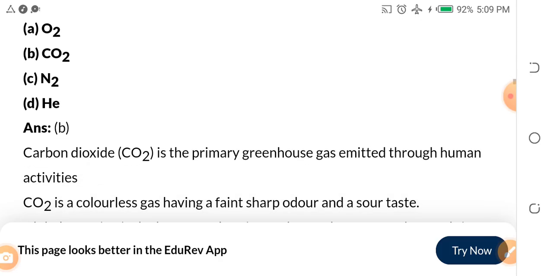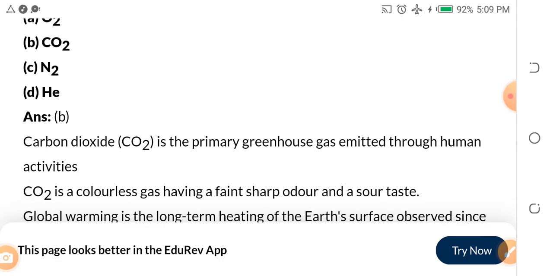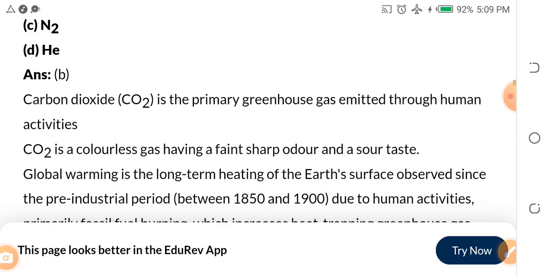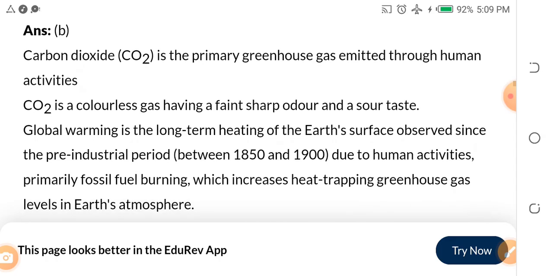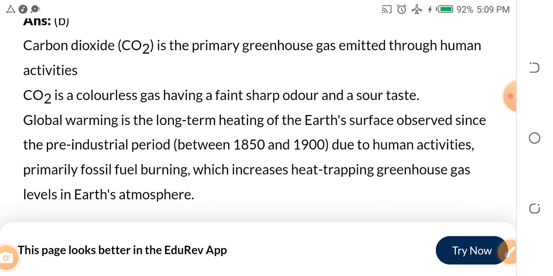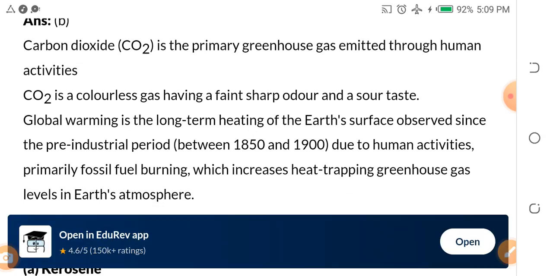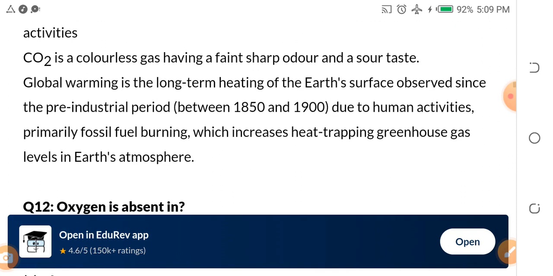Carbon dioxide is the primary greenhouse gas emitted through human activities. CO2 is a colorless gas. The answer is actually CO2, I think, B. CO2 is a colorless gas having a faint, sharp odor and a sour taste.